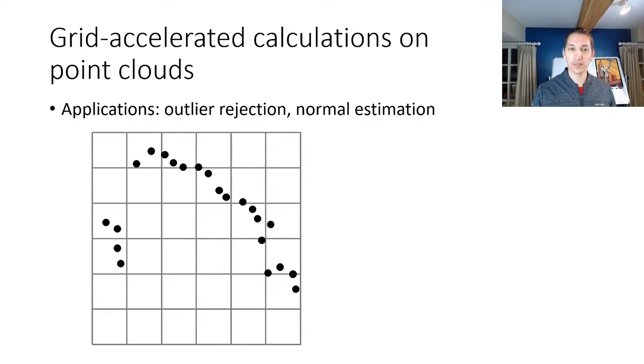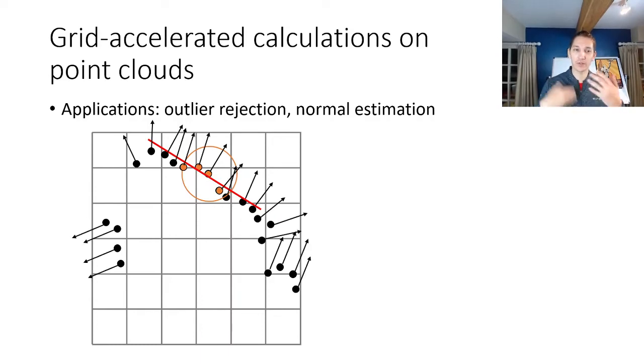If I want to do normal estimation, I can take, let's say, this point over here, put a circle around it, and fit some sort of plane to the points within that radius. The perpendicular direction to that plane can then be my normal. If I repeat this for all of my points, I can calculate my normals in order n time.